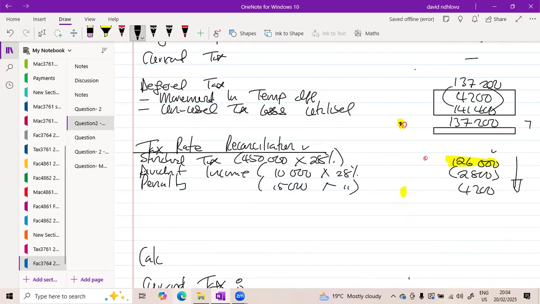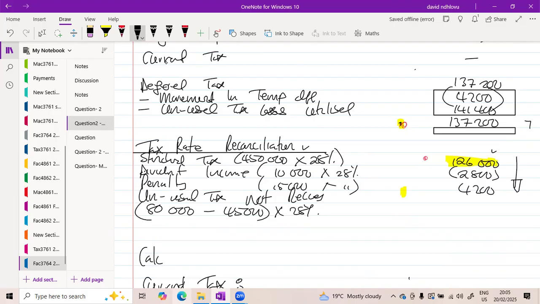So you come here, you say unused tax losses not recognized. You say 80,000 was the full amount, but we only recognized 45 multiplied by 28%. Right, you get 9.8.